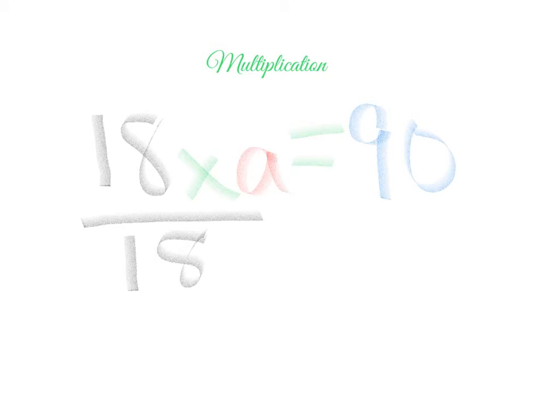So 18 times A divided by 18, and then 90 divided by 18 as well.